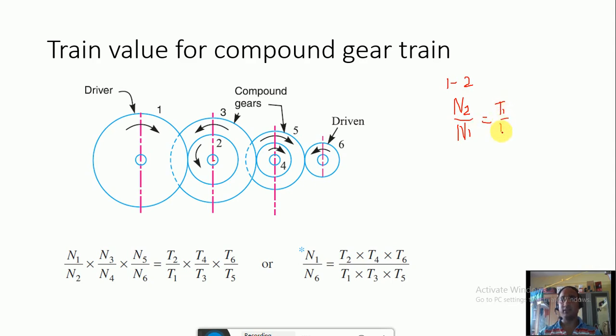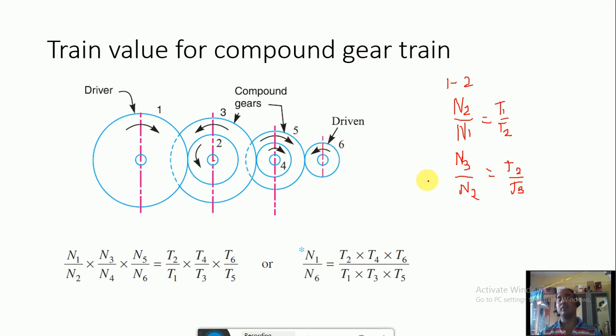Now, if you consider the second pair of gears, second and third, the train value is n3 upon n2, because for the second pair n3 is the driven and n2 is the driver, which equals t2 upon t3. In the same way, for the pair 3 and 4, n4 upon n3 equals t3 upon t4. In the same way, 4 and 5, then 5 and 6.